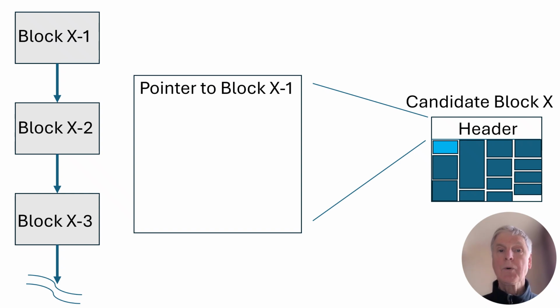So when a node creates a new candidate block for the blockchain that I will call block X, the header of the current top of the blockchain, block X-1, is hashed, and this hash is stored in the header of block X as a pointer to block X-1.